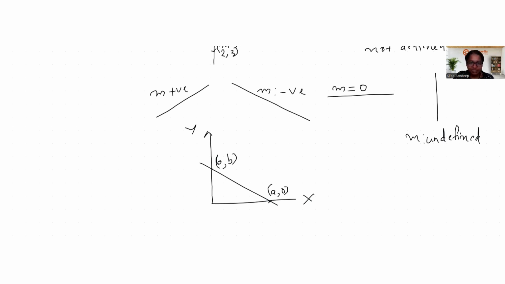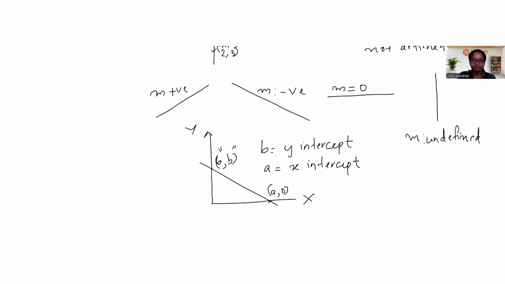So here, this b is known as y-intercept. We can say the y-coordinate where the line passes through the y-axis is known as y-intercept, and a is known as x-intercept. That means the x-coordinate where the line touches the x-axis is known as x-intercept.